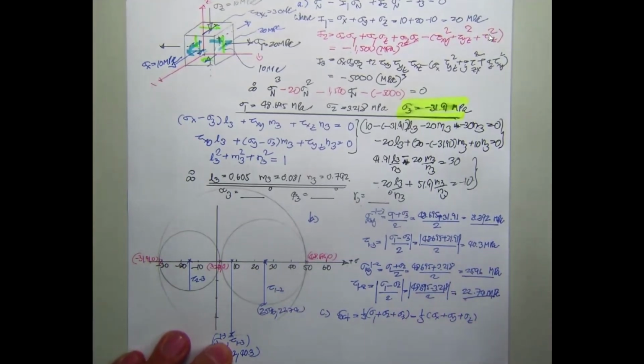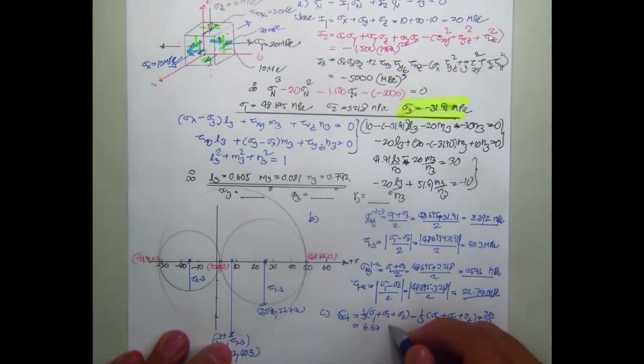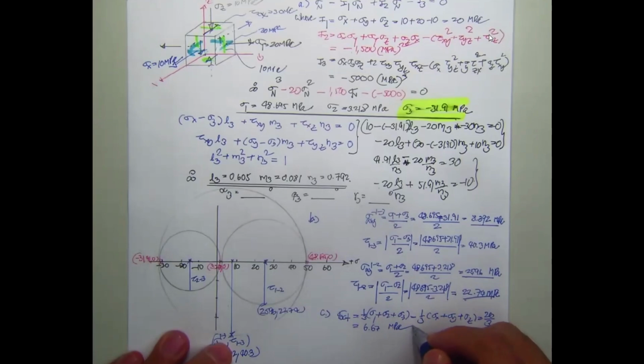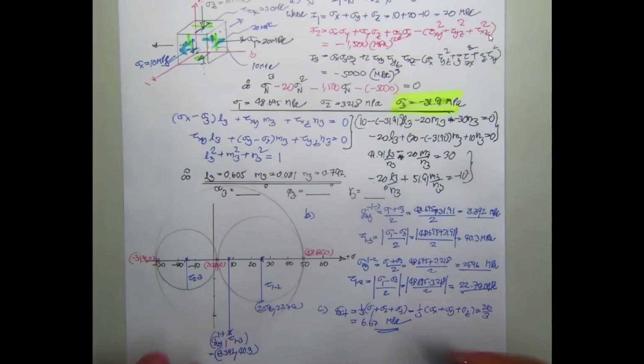You will get the same. That's going to be equal to 20 divided by 3, which is 6.67 megapascal. This one will produce only change in the volume, not change the shape.